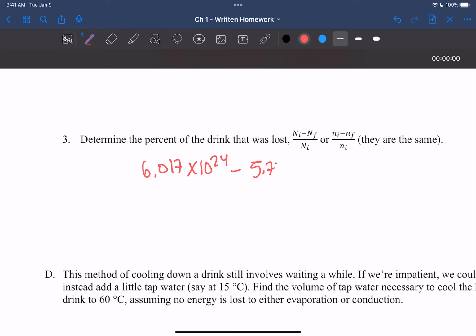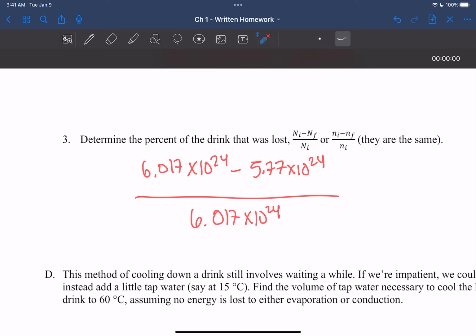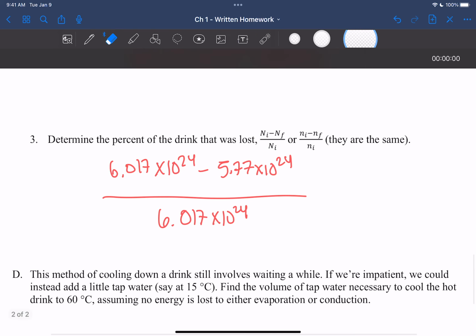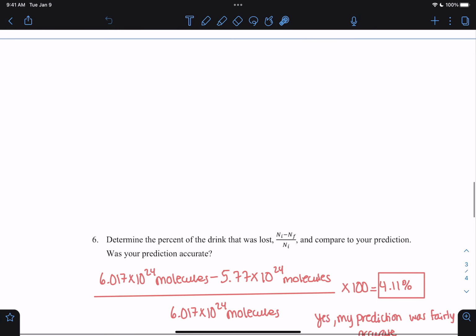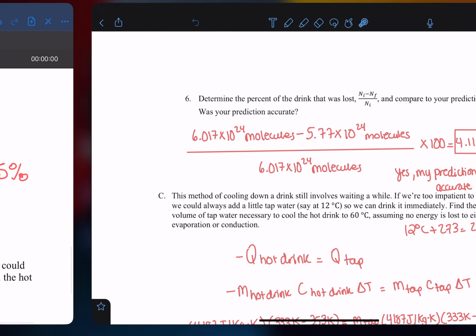Then minus 5.77 times 10 to the 24, divided by 6.017 times 10 to the 24. So your initial minus your final divided by your initial, and then whatever you get there multiplied by 100 to get your percent of the drink that was lost. I think what I got was like 4.15% change or something like that. Yeah, go ahead.